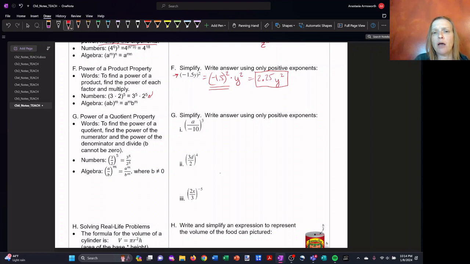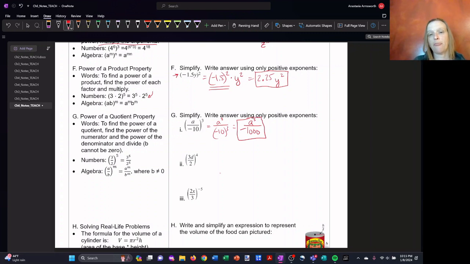So if I take a divided by negative 10 and raise it to the third power, that's the same as a to the third power divided by negative 10 to the third power. I can simplify that negative 10 to the third power a little bit more. That's the same as negative 1000. So I have a cubed, or a to the third power, divided by negative 1000.